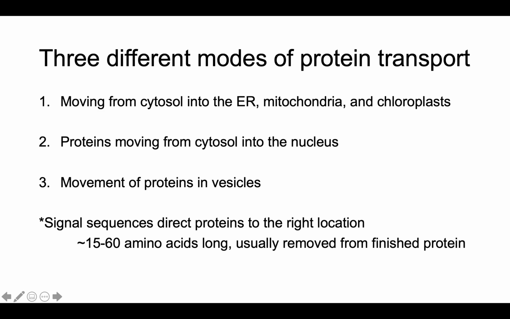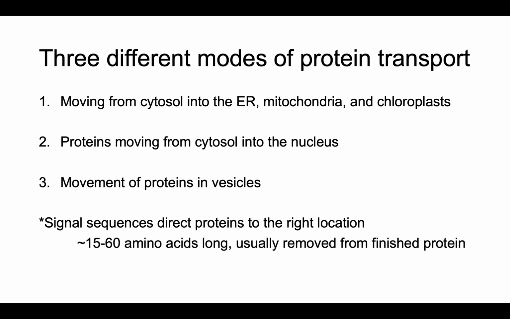And so the big answer to how these proteins know where to go, they'll have some kind of signal sequence that's encoded in the DNA that gets translated and is recognized by a lot of different proteins. These are usually 15 to 60 amino acids long, and these signal sequences are more often than not removed from the finished protein.